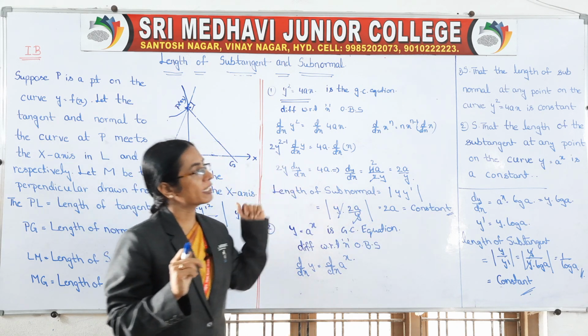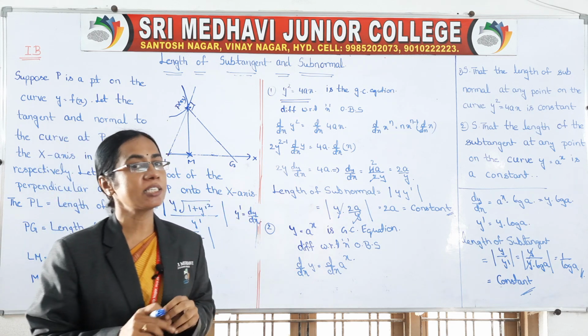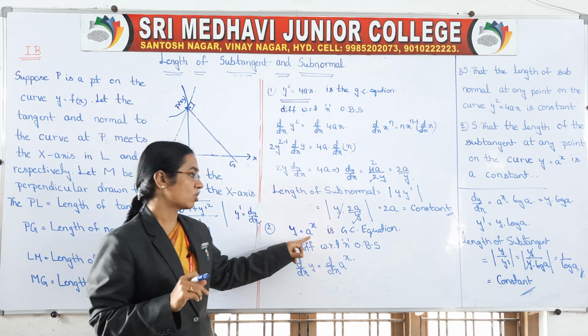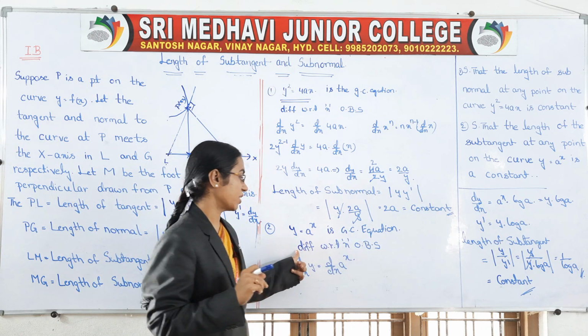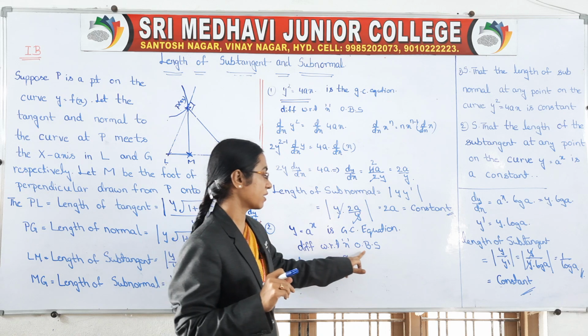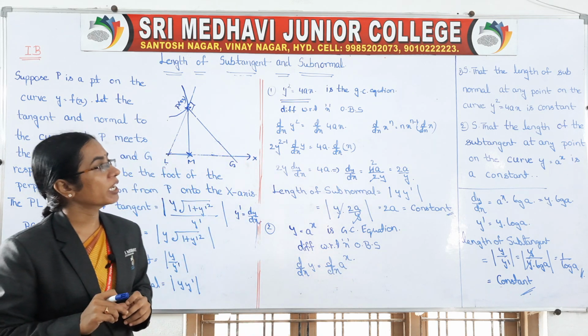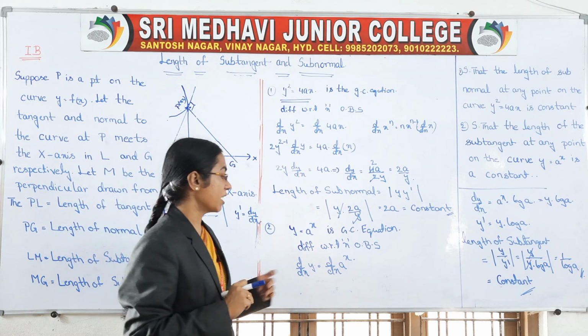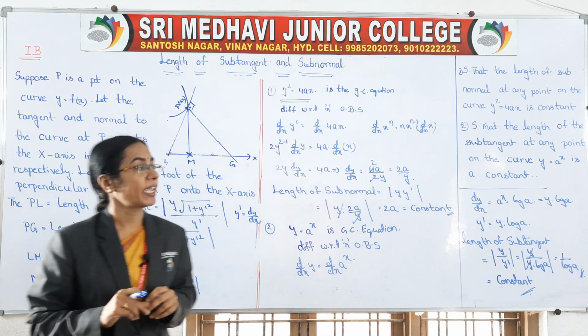Similarly, go to the second question. We have to show that the length of the subtangent is constant. So y is equal to a to the power of x is the given curve equation. Differentiating with respect to x on both sides, we will get this equation. Same thing, d by dx of a to the power of x is a to the power of x into log a.